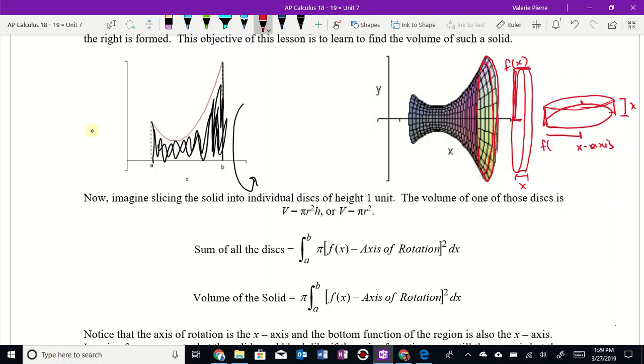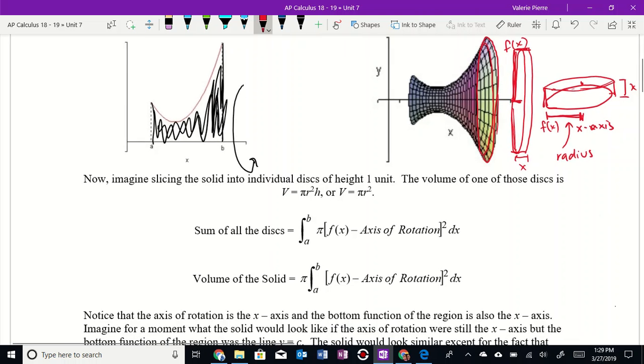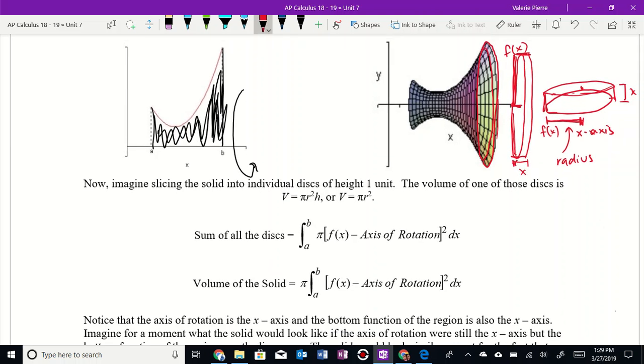So this is f of x to my x-axis. And if you look closely, this length is my radius. Right? And then the other side is the same, it's the axis, and then f of x down at the bottom. Okay, so the length of x is going to be some value from A to B.